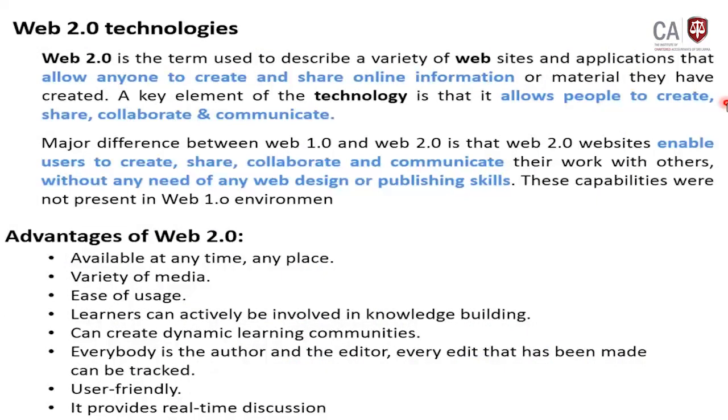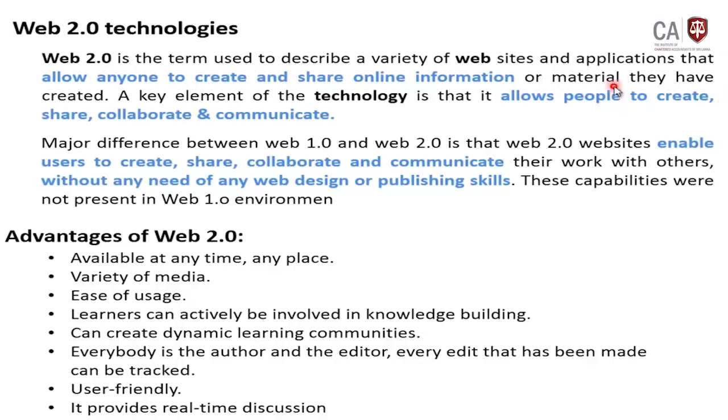So we stopped at the Web 2.0 technology. We explained the first slide of that, so we will start from that onward. In the previous 8 sessions, we talked about what Web 2.0 technology is.